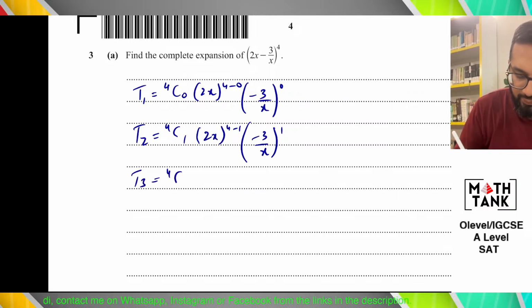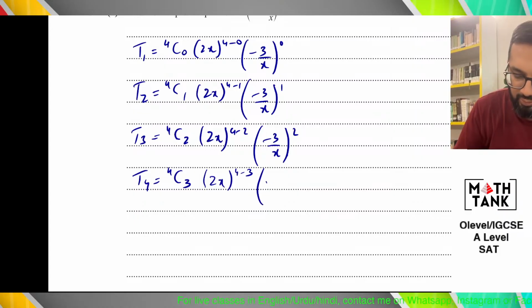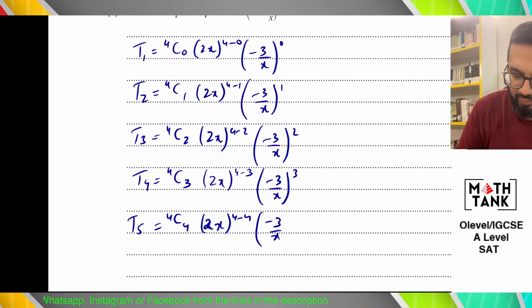Term number 3 is 4c2, 2x power 4 minus 2, minus 3 over x. Term number 4 is 4c3, 2x power 4 minus 3. Term number 5 is 4c4, 2x power 4 minus 4.